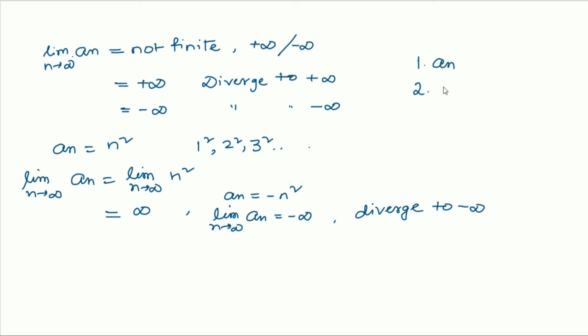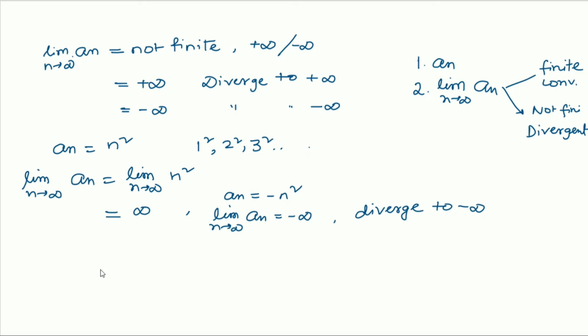So for convergence or divergence, we first find a_n, then we find the limit as n tends to infinity of a_n. If this value is finite, then the sequence is convergent. If this value is not finite, then it is divergent.